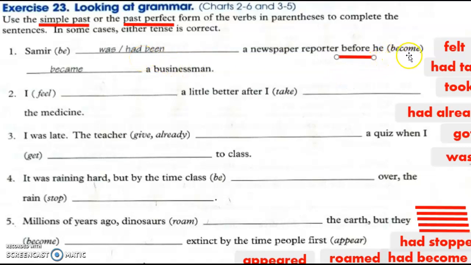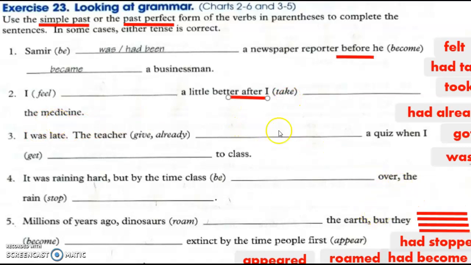And since the verb become is the second verb, the newest one among these two, we use the simple past, became. Number 2, I, verb feel, a little better after I, verb take, the medicine.